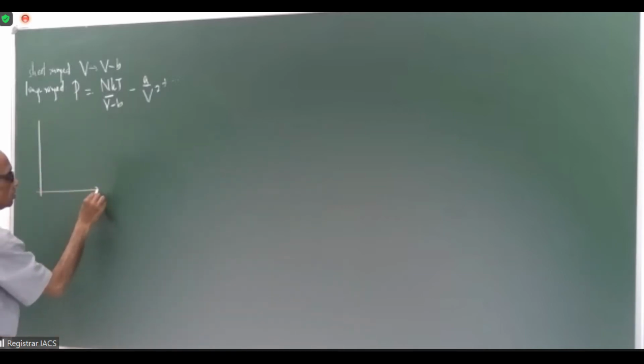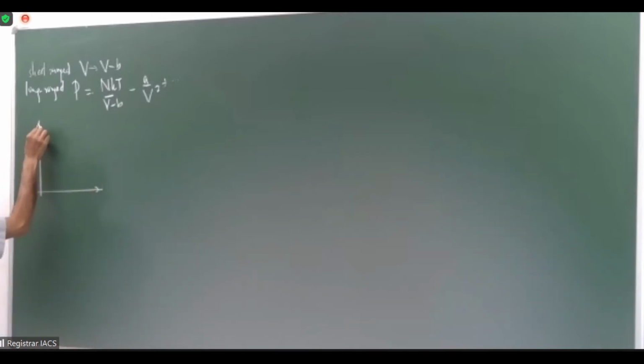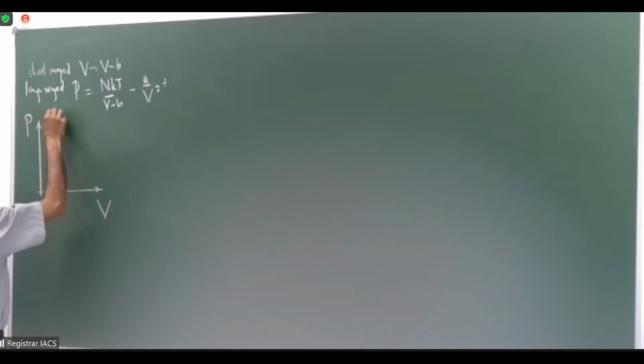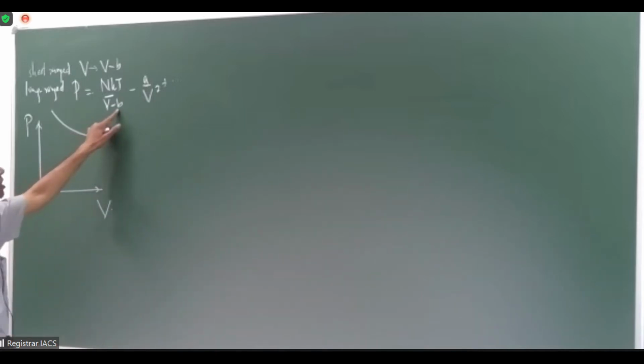If I tried to plot the isotherms on the PV diagram, it would look like your usual PV equal to constant, which is Boyle's law, if you ignore this B over here and the V squared term.